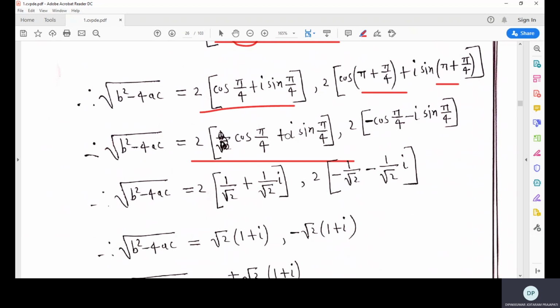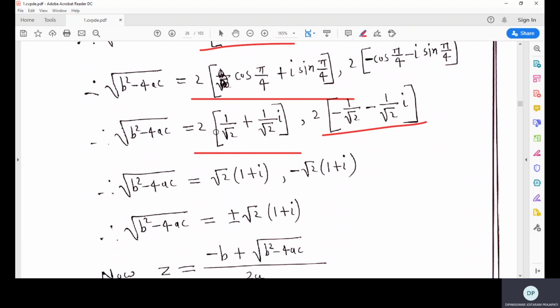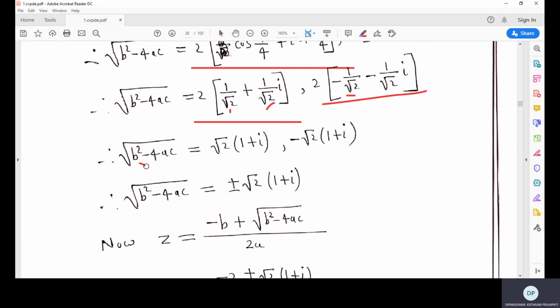Using cos pi by 4 and sin pi by 4 equal to 1 by root 2, and 2 being the square of root 2, one root 2 will cancel out. So finally we have root 2 into (1 plus i), and with the negative sign outside, minus root 2 into (1 plus i). So the square root of b square minus 4ac is plus or minus root 2 into (1 plus i).